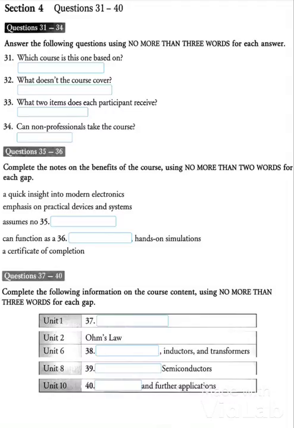Now, finally, let me just quickly go through the course content. Please remember that this course is intended for individuals with limited prior knowledge of electrical or electronic engineering.